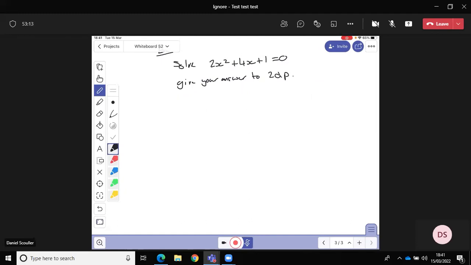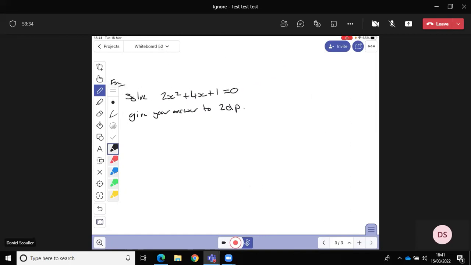So immediately I'm looking at that and thinking there's a quadratic, it's asking me for decimal points, so I'm not going to factorize that. If I tried to factorize that and go through our process, I wouldn't be able to find exact numbers.